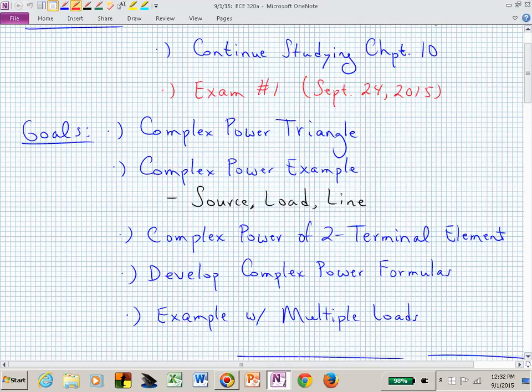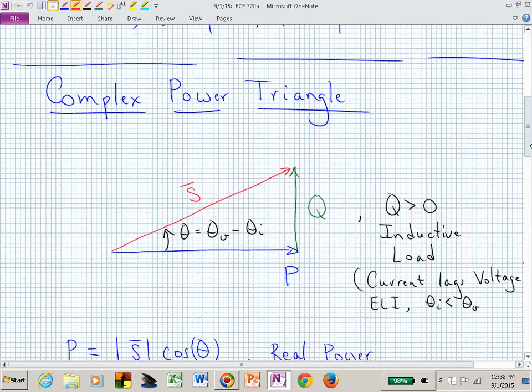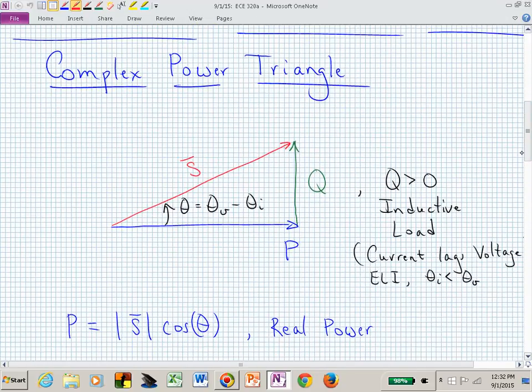Hopefully we will then get into looking at multiple loads, although in this first complex power example, you could view that as having two different loads, the line being one load and the load being a load. So it is sort of a two-load problem buried in the description of transmission line and load.